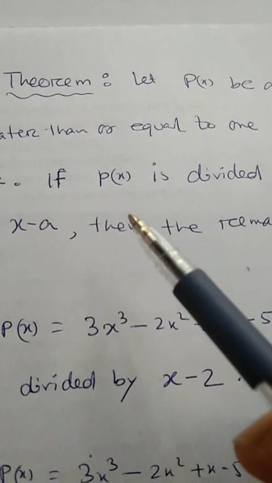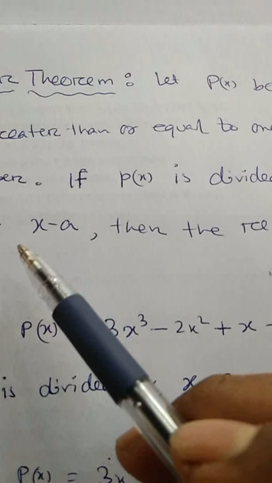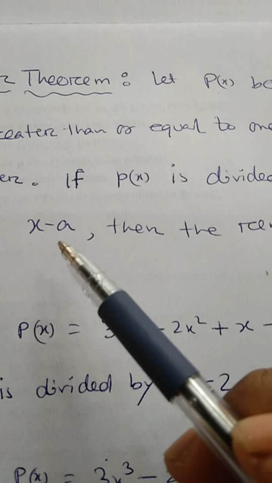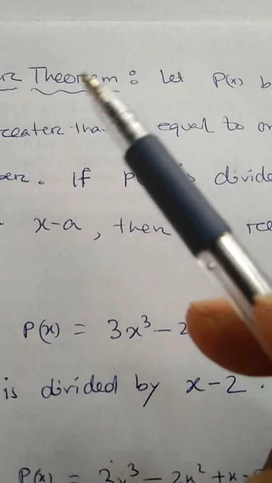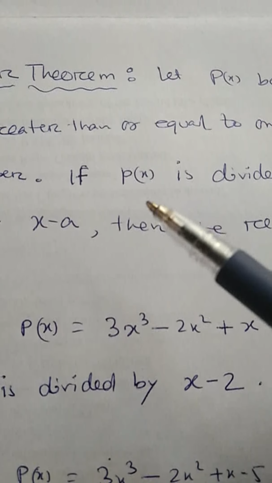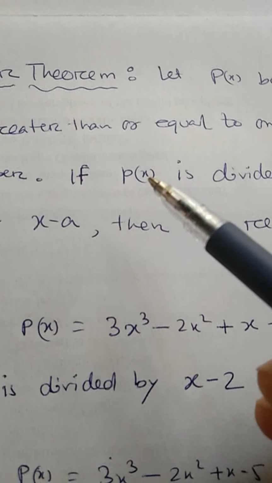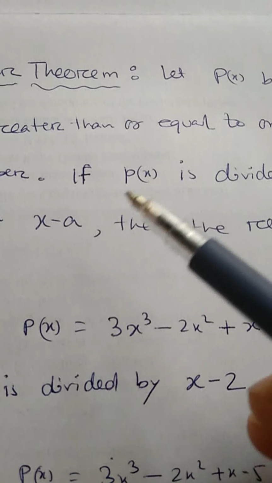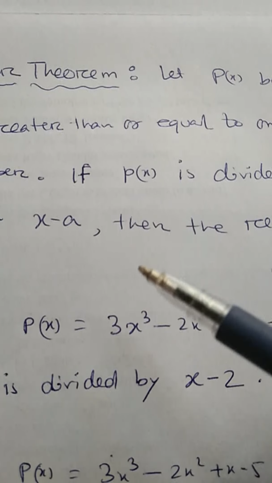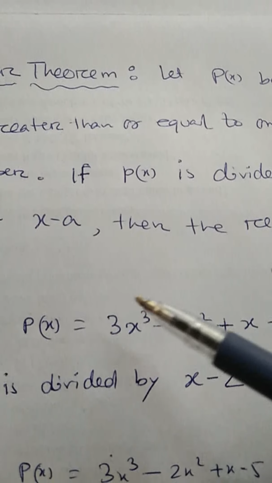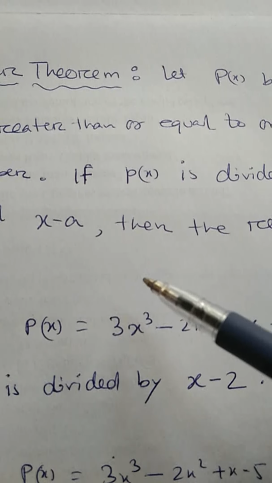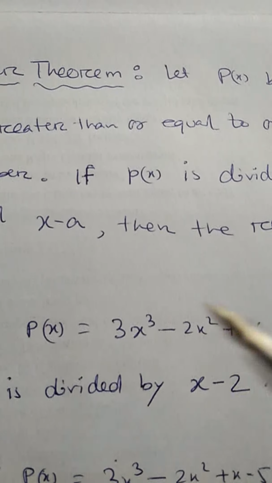It means the polynomial is given, we need to divide this by x minus a, and then this theorem tells us that the remainder will be p(a) only. That means in place of x, if we put a and simplify the polynomial, whatever value we get, that will be the remainder.